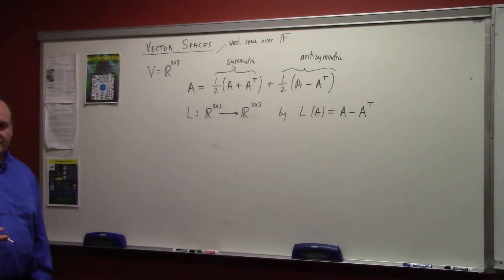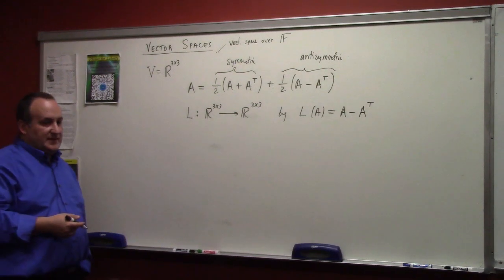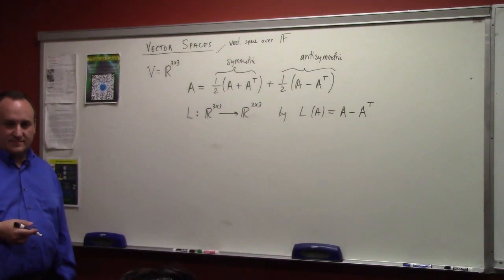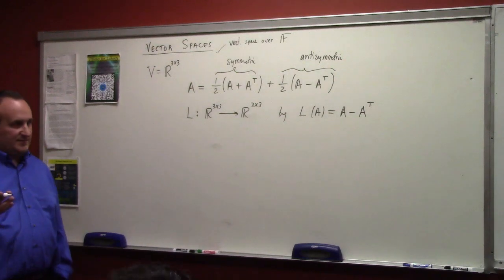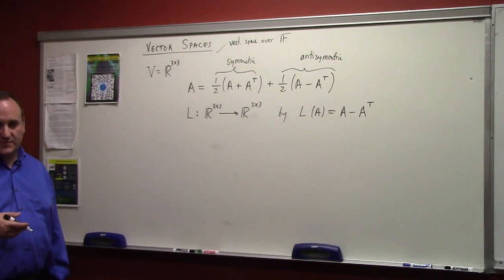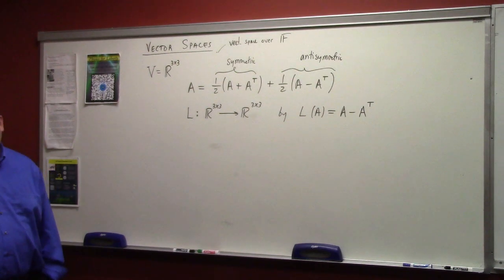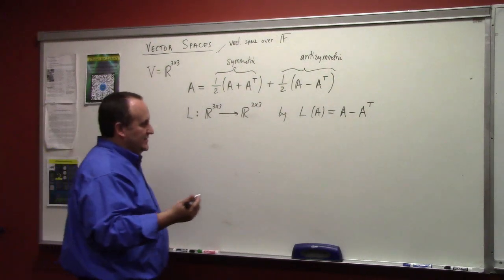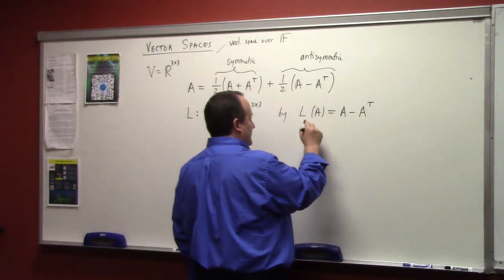You can check L is a linear transformation because of the properties of the transpose and the formula that I've written down, right? So it's clear this is a linear transformation.